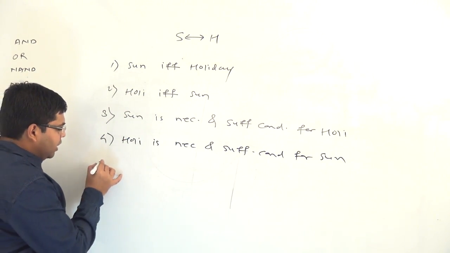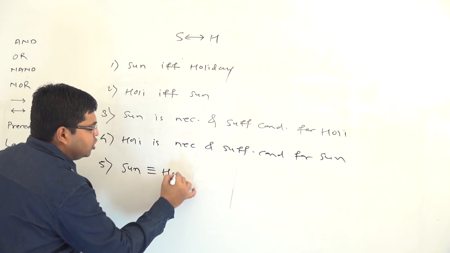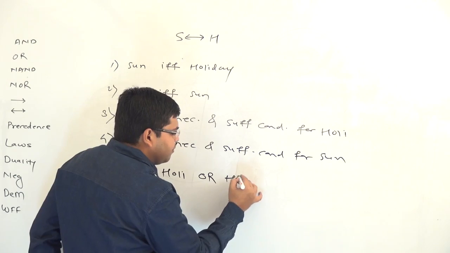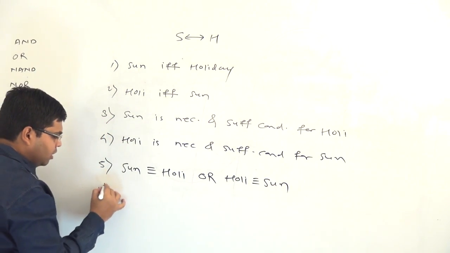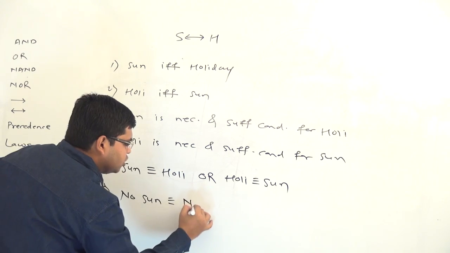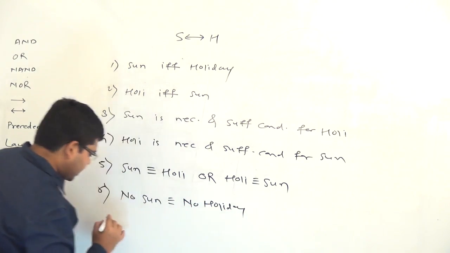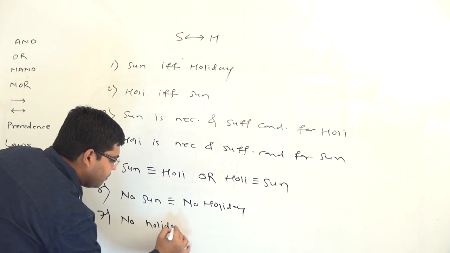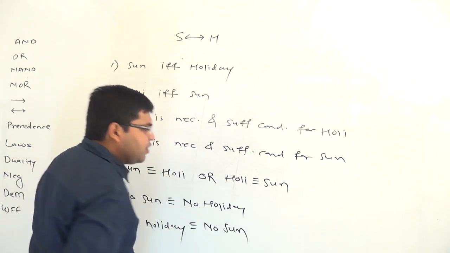Similarly, we can write down Sunday is equivalent to holiday, or we can also say holiday is equivalent to Sunday, and no Sunday is equivalent to no holiday, and last one, no holiday is equivalent to no Sunday.